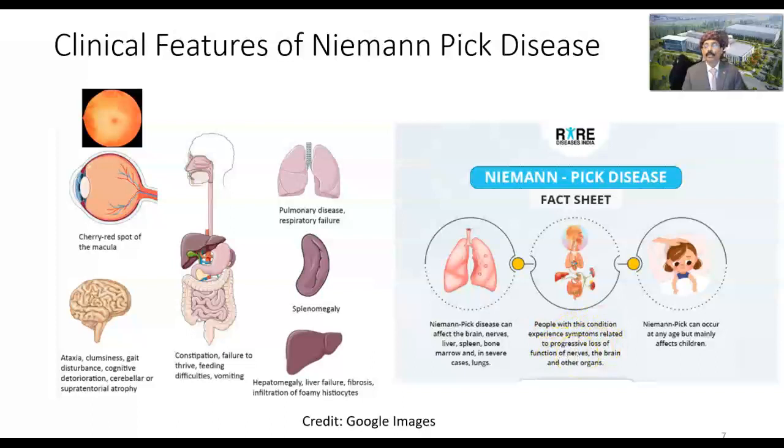When nerves do not work, the brain and other organs also do not work. Niemann-Pick disease can occur at any age but mainly affects children.